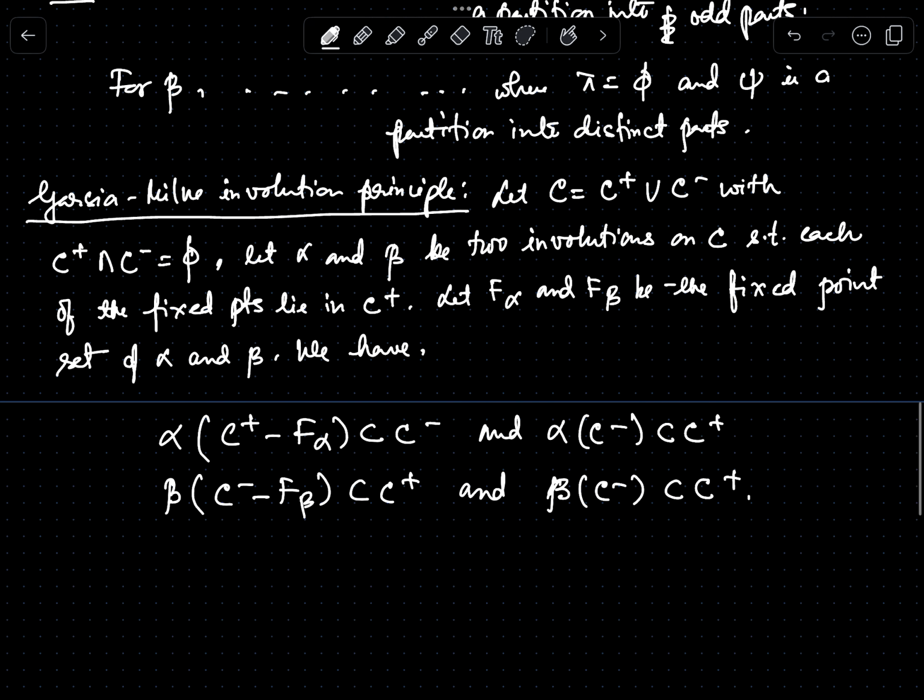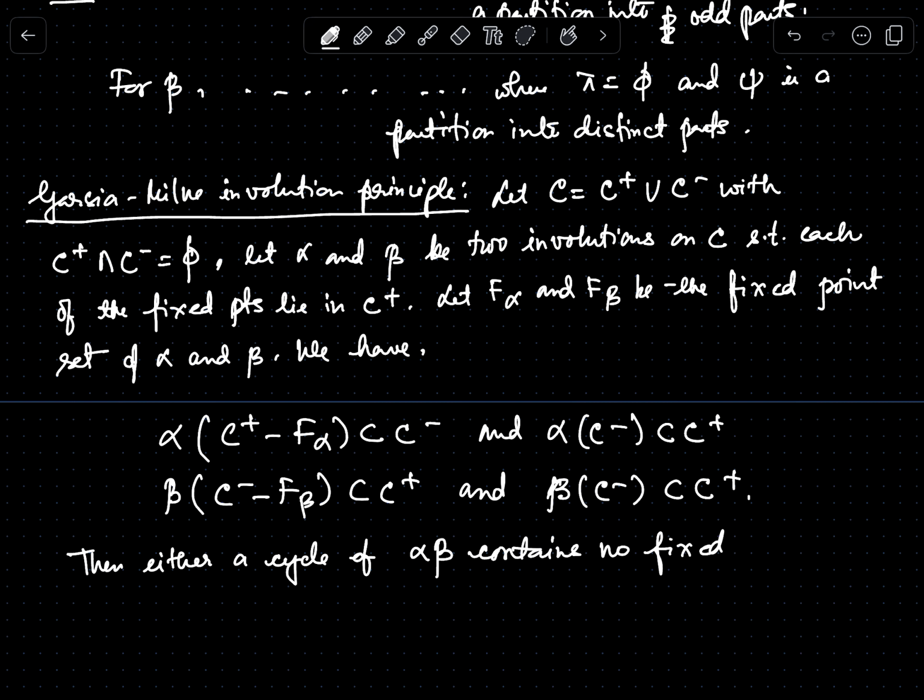Okay, so if this happens, then either a cycle of the permutation alpha beta contains no fixed points of either alpha and beta, or it contains exactly one element of F alpha and one of F beta.